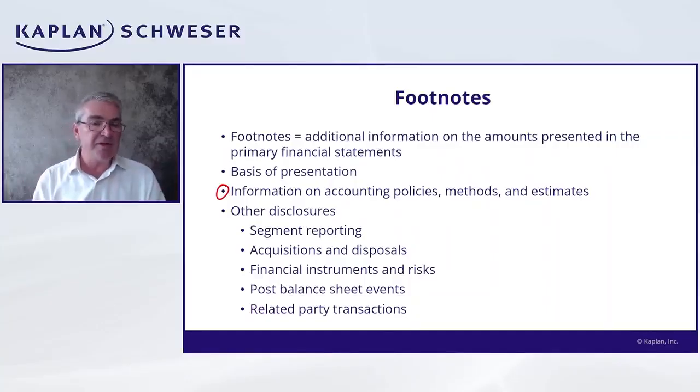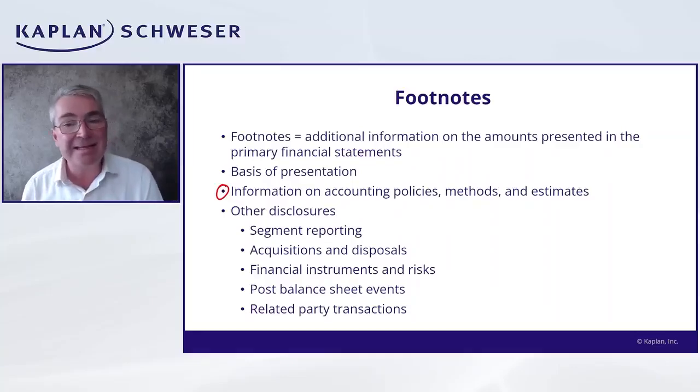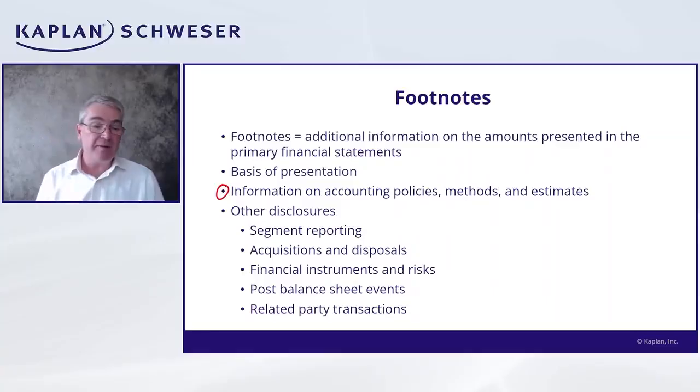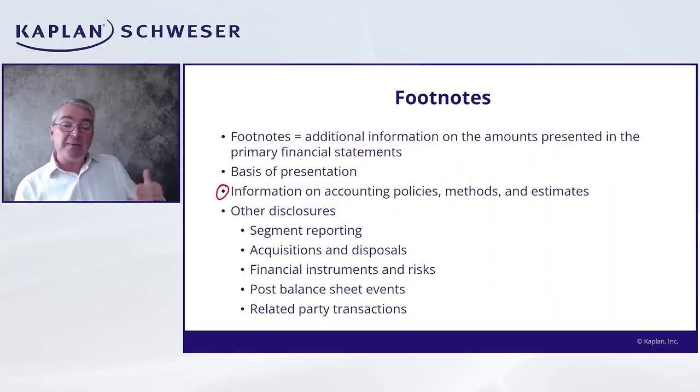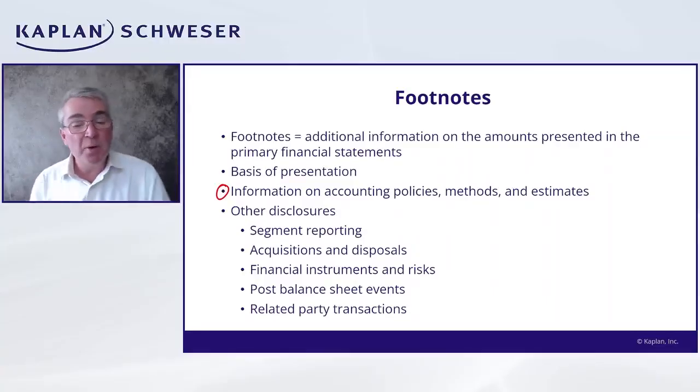So a lot of information is going to be disclosed in the footnotes to enable the analyst to try and understand how these transactions are going to affect the company going forward. It's not actually just acquisitions and disposals of subsidiaries, but also major assets as well. Major disposable assets would be disclosed.